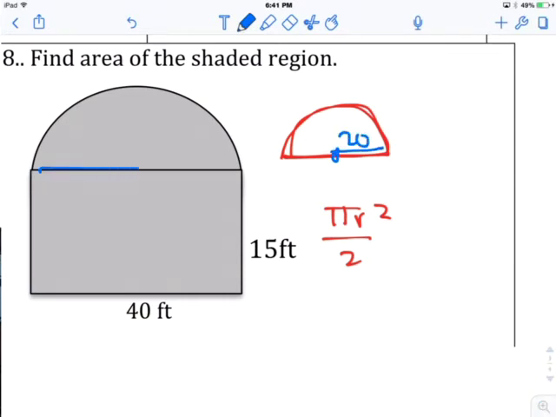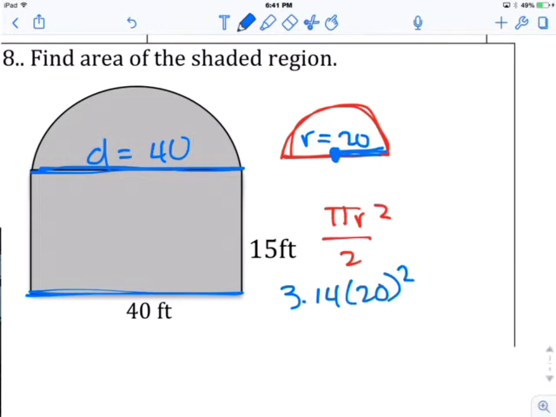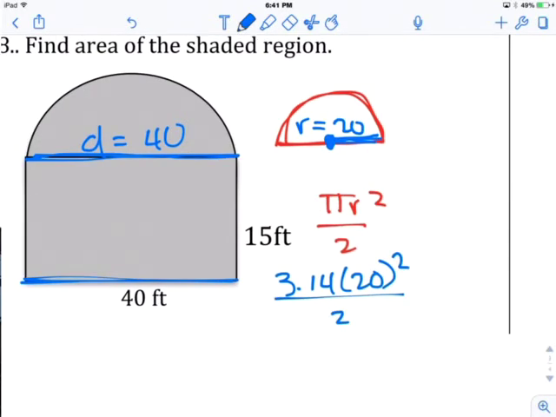Reason why, because this whole thing is called a diameter. Diameter is 40. Same length as this here. Half of that is the radius. Radius is 20. So 3.14 times 20 squared divided by 2. Okay, put that in your calculator.